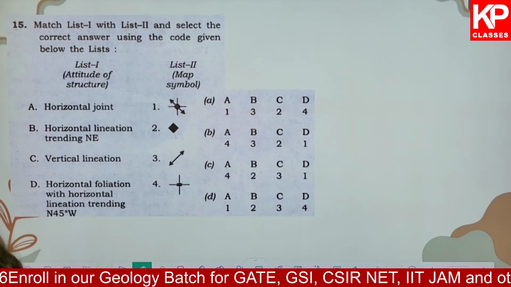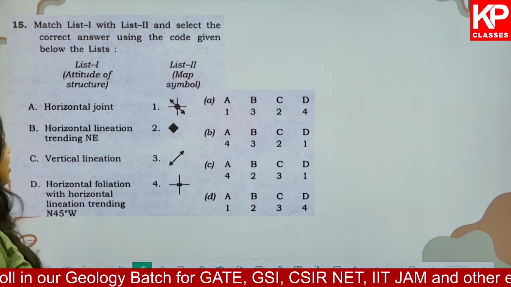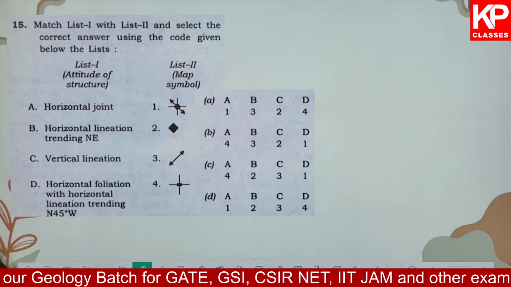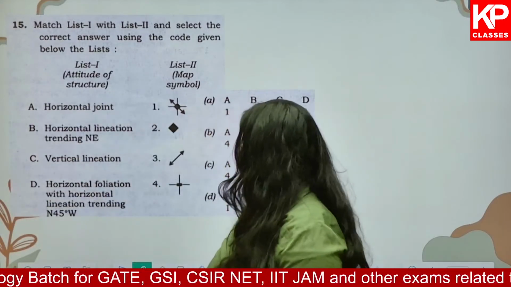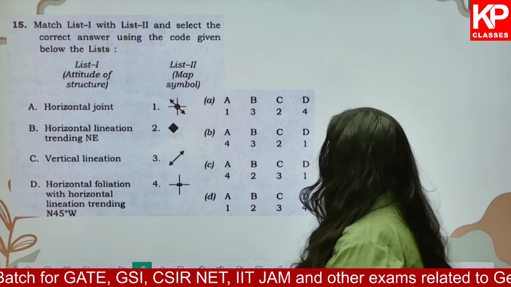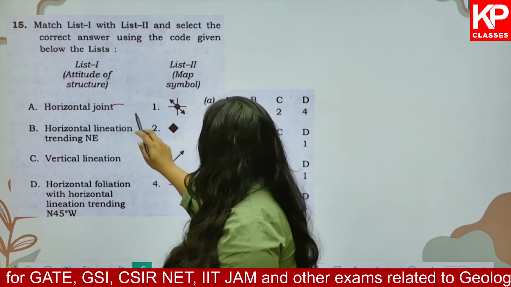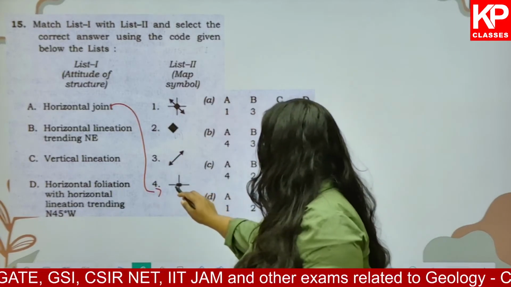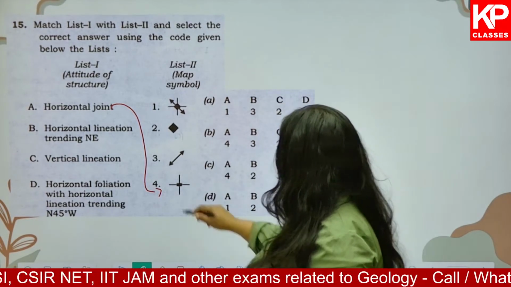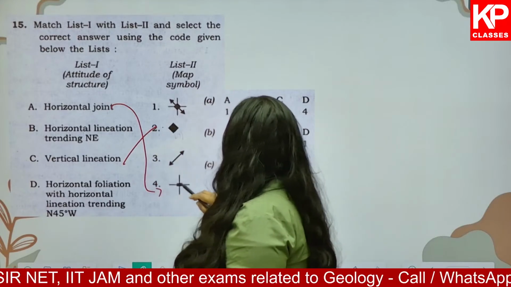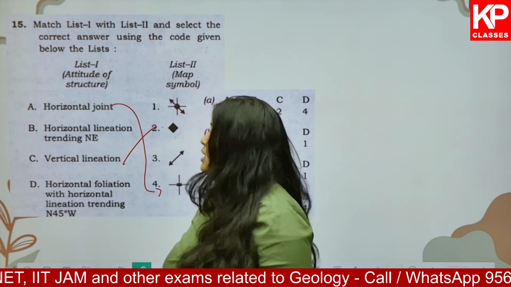So again, I feel like this is also an easy question. So how will you be able to answer? First, when it comes to the horizontal joints, they are notated by a cross with a symbol like this. This is the horizontal joint. This is the symbol for vertical lineation.